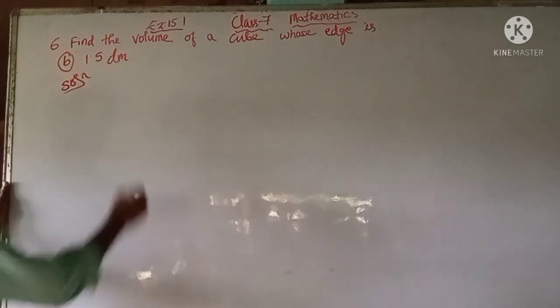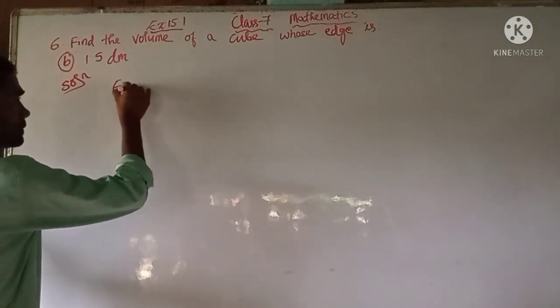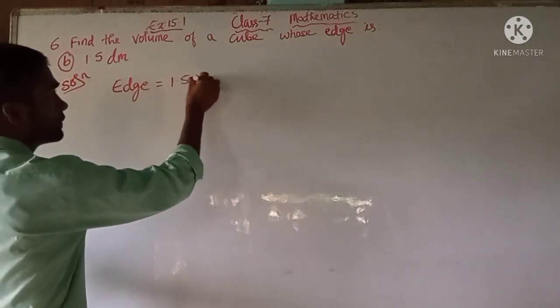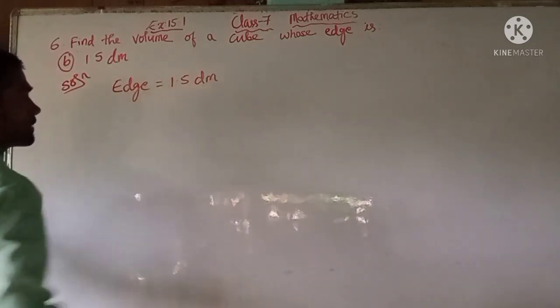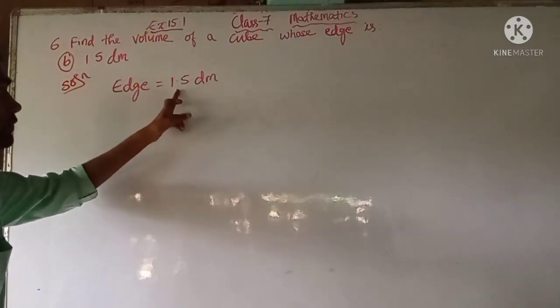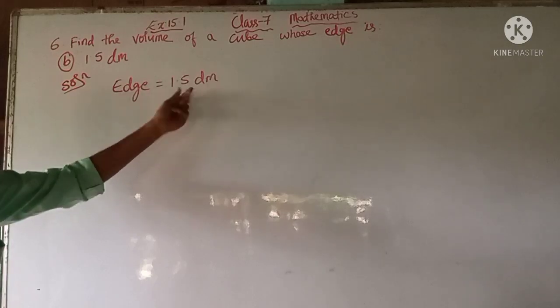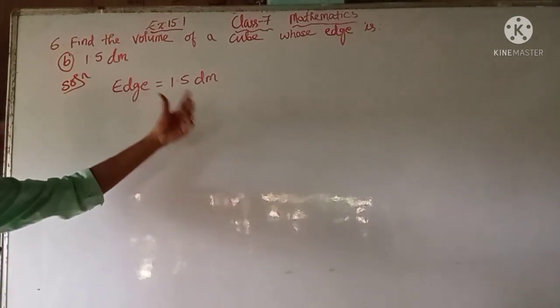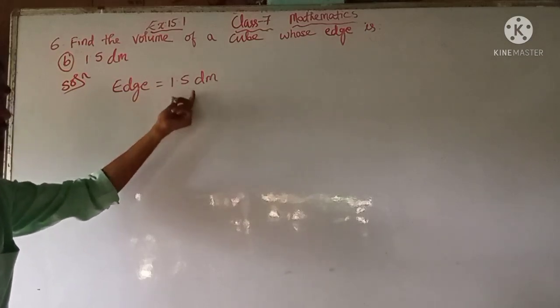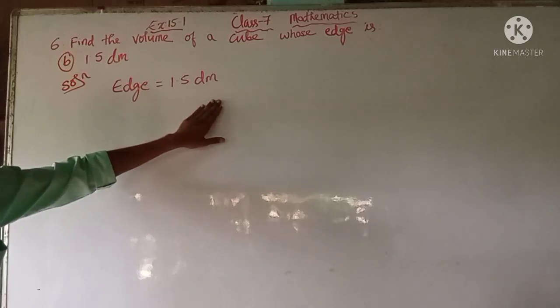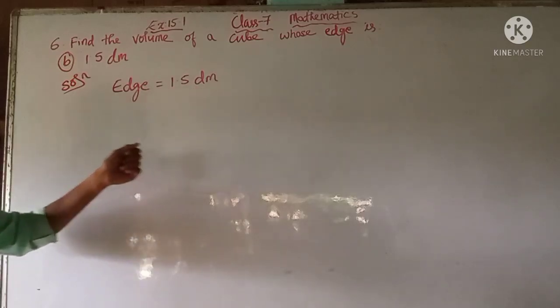We will write here edge is equal to 1.5 decimeter. If you find it difficult to multiply with the decimal point, you can convert this into centimeter so that the decimal point will be removed, and then you can multiply, or else you can multiply directly and then put the decimal point. I will multiply directly and then put the decimal point.